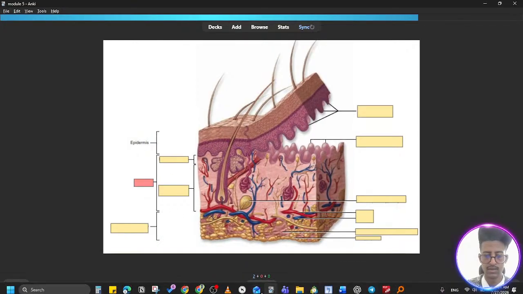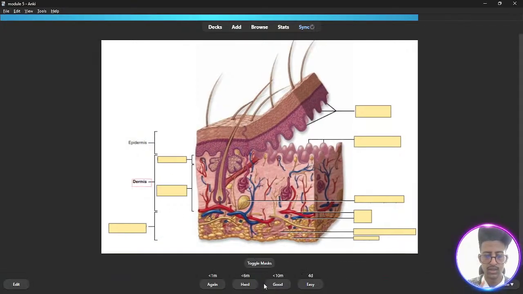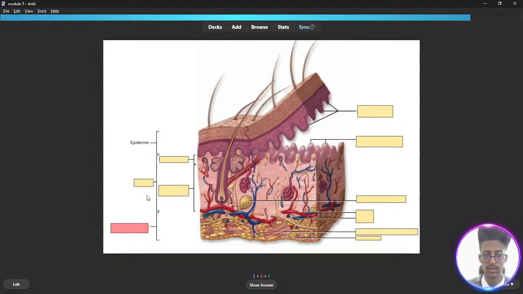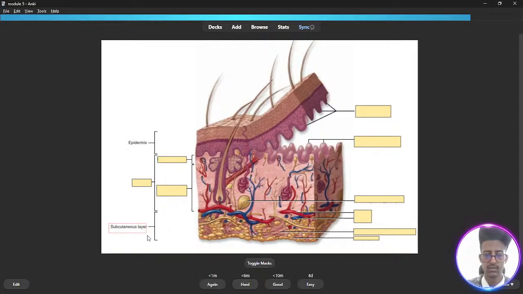This is dermis, not epidermis, but dermis. Okay, easy. What about this? This is epidermis, this is dermis. You expect this to be hypodermis but this thickest is a cover, so this is the subcutaneous layer.